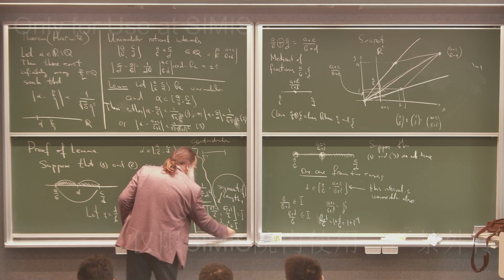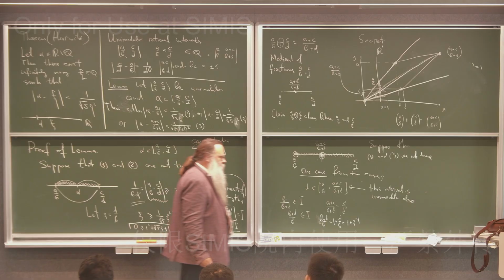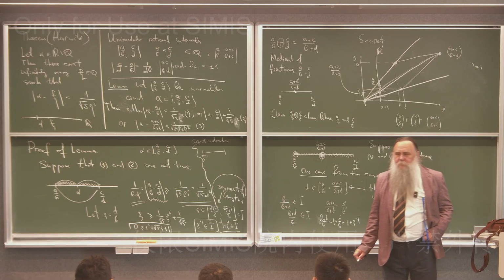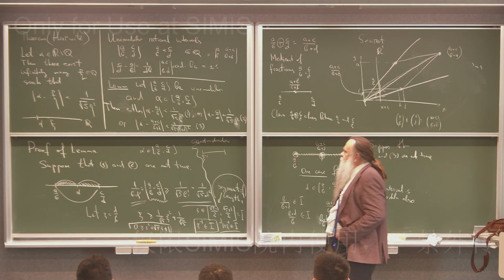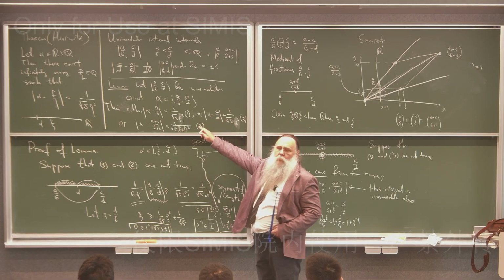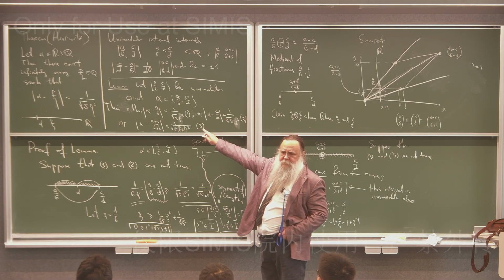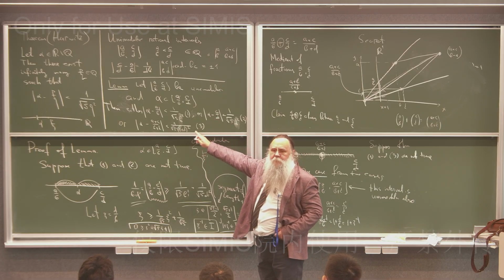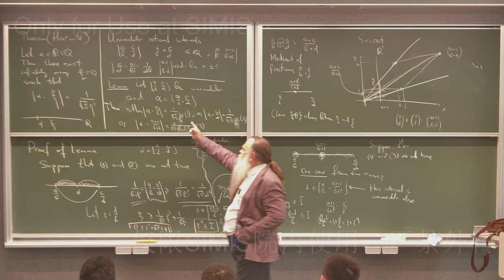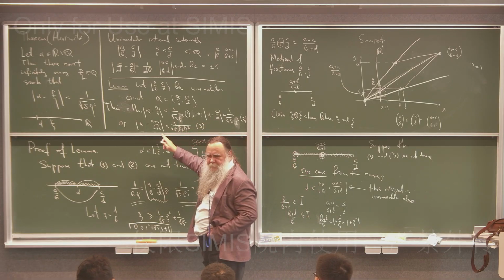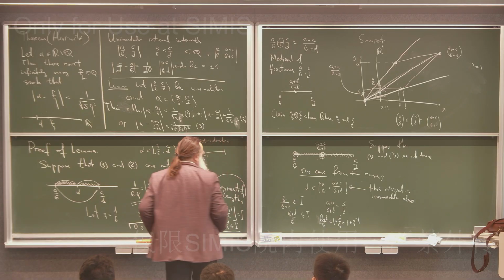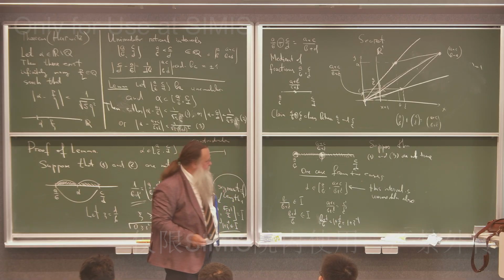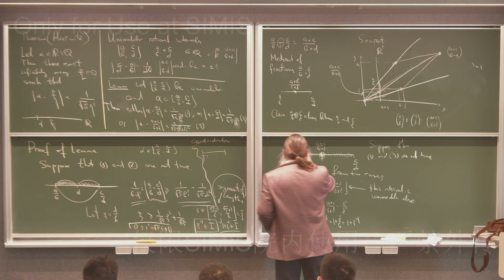So these two facts contradict each other. So it means that at least one inequality is valid. We assumed that this is not valid, that is not valid, that is not valid, and got a contradiction. Of course, in my argument, I consider one case here when alpha belongs to this interval.